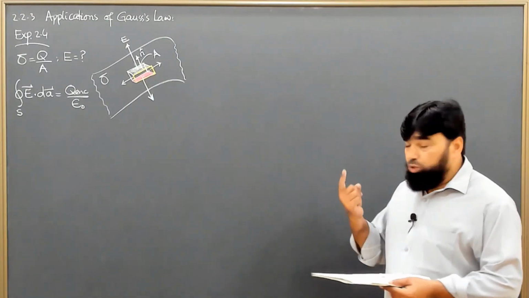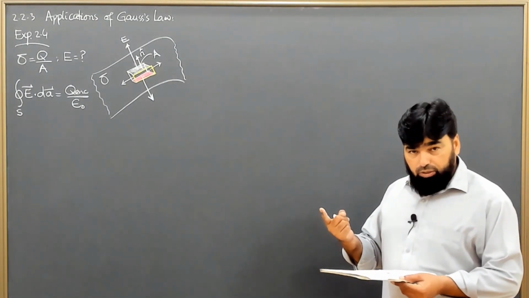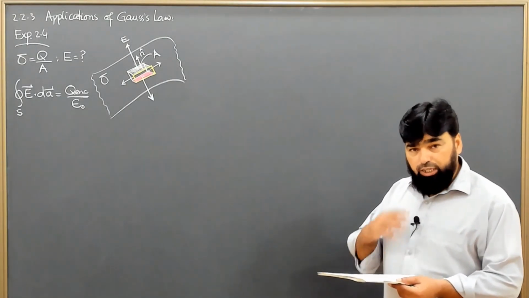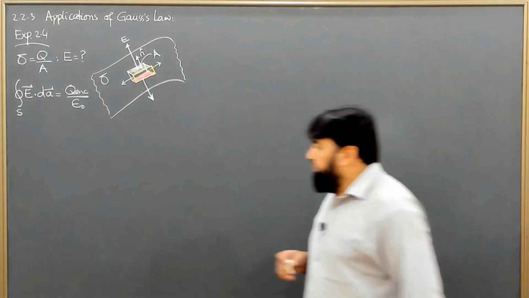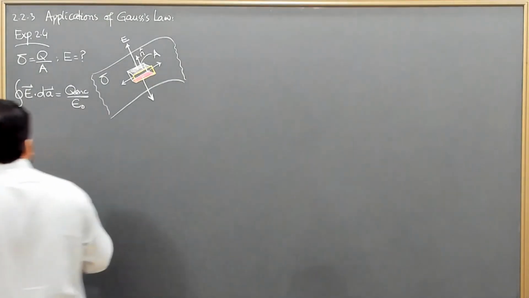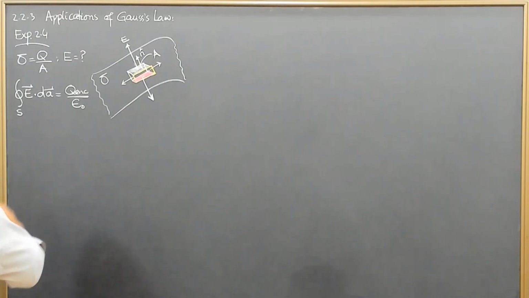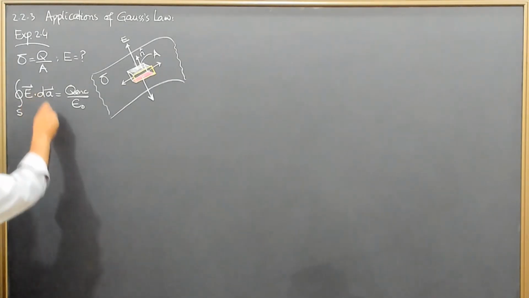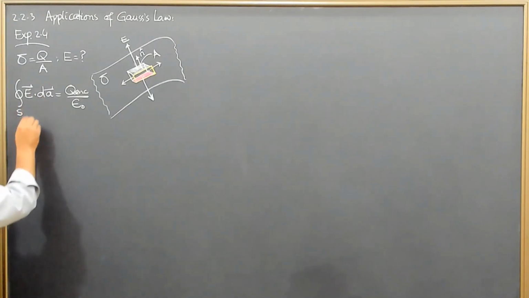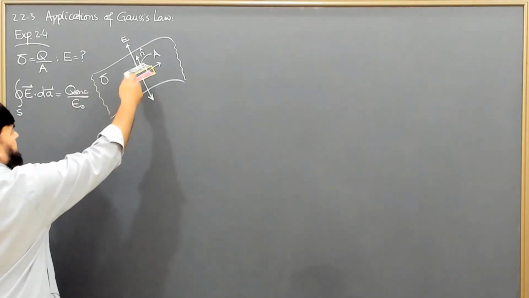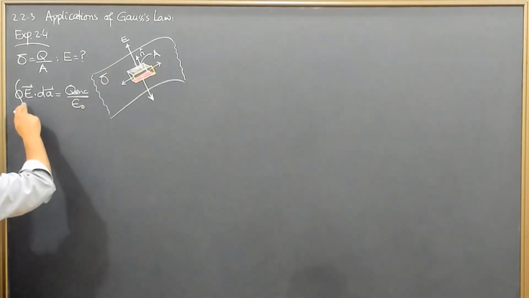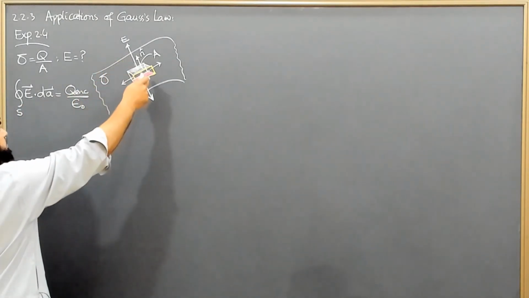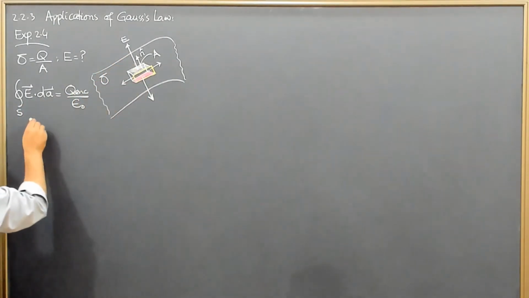So we are counting two areas here, but the source is actually one, and that's the reason the result will come out to be half of that. So on the closed surface, the side surfaces will not contribute, and only the upper and lower surfaces will contribute.